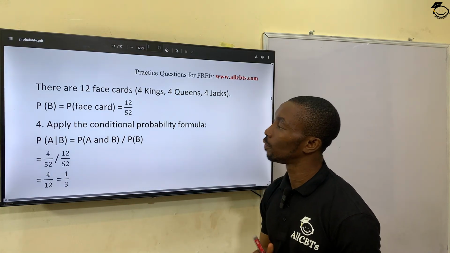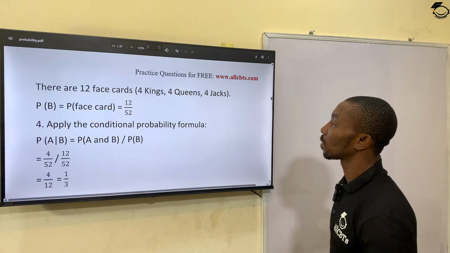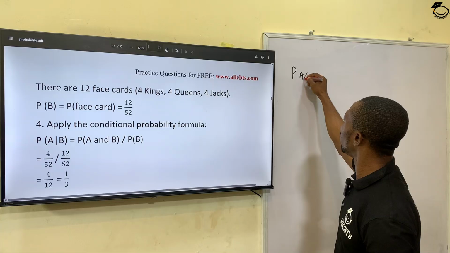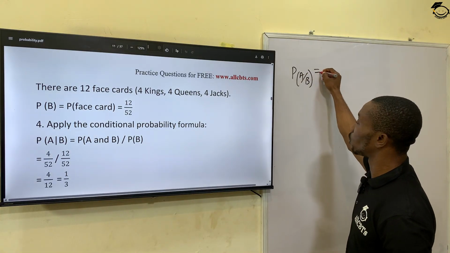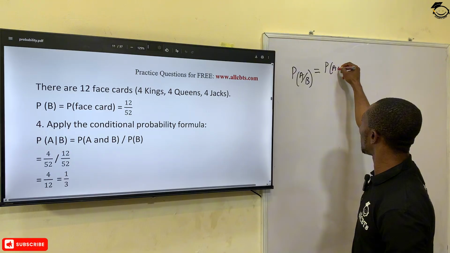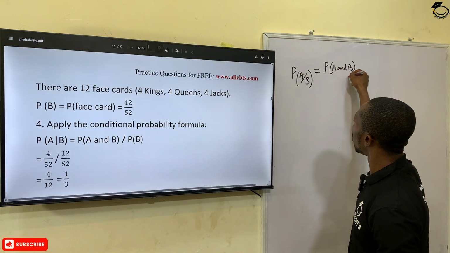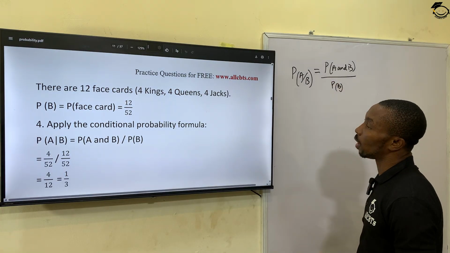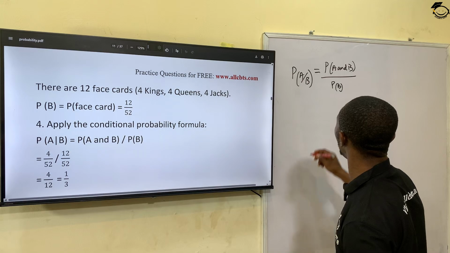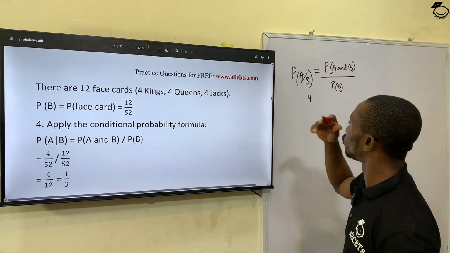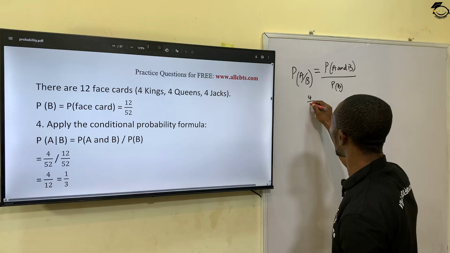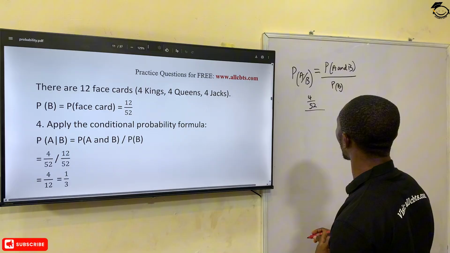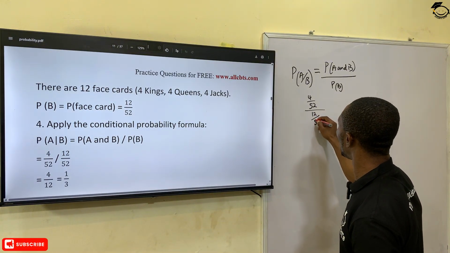Now, applying our conditional probability formula, where we have probability of A given B, which will give us probability of A and B all over probability of B. Now, our probability of A and B is the probability of drawing a king, which is 4 over 52, divided by the probability of drawing a face card, which is 12 over 52.